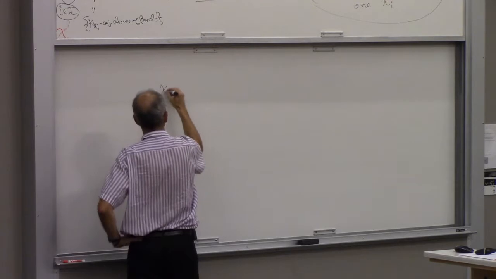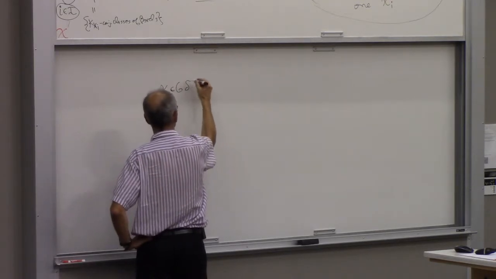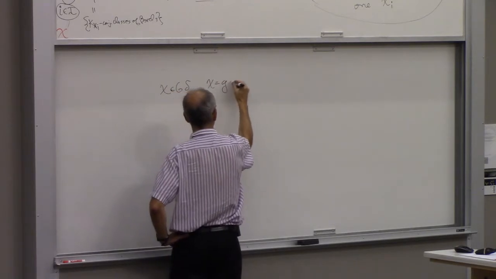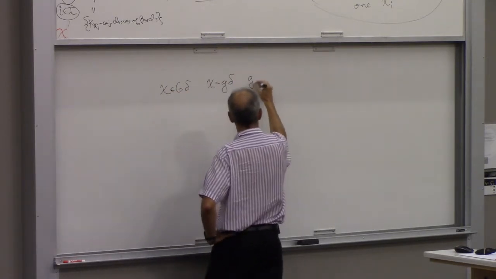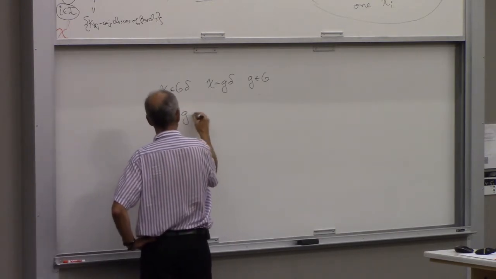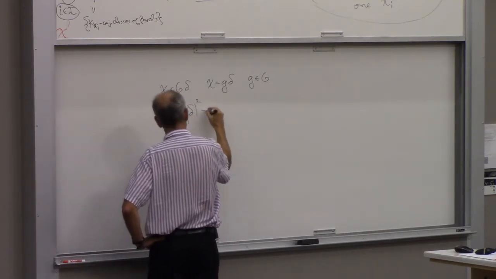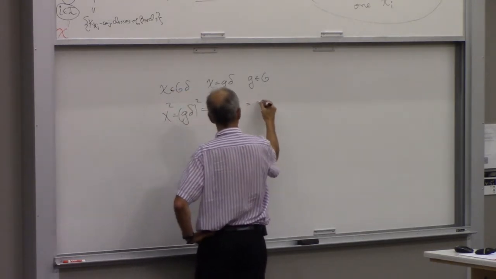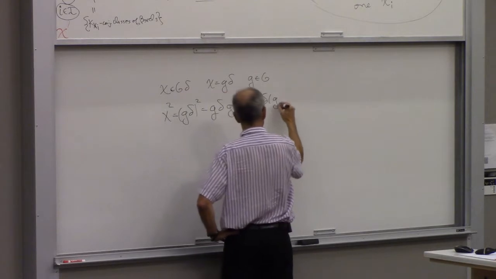If you have one of these x's contained in G delta, you can write it as g delta for some g contained in G. And x squared is g delta squared, which is g delta of g.